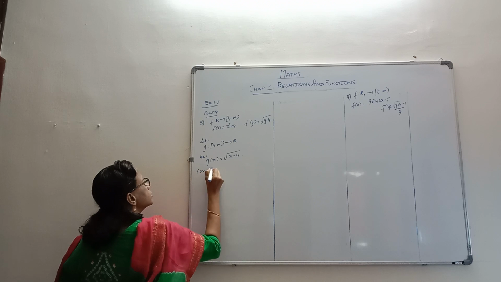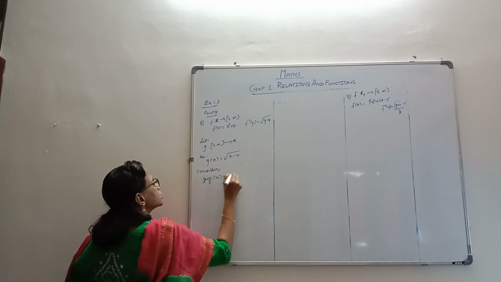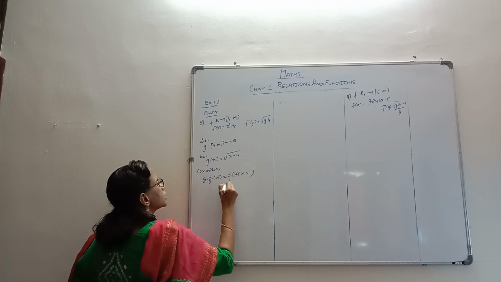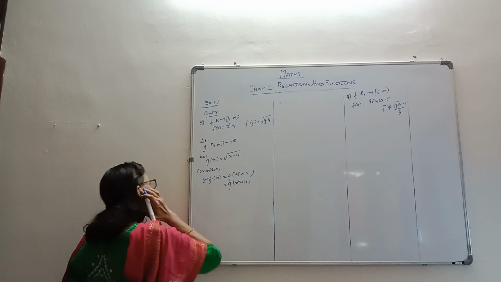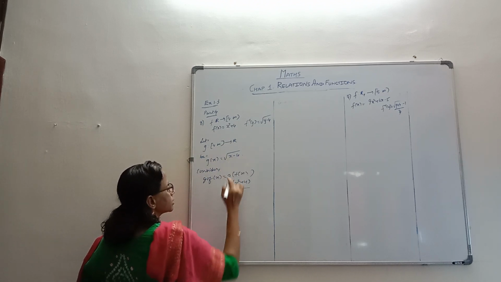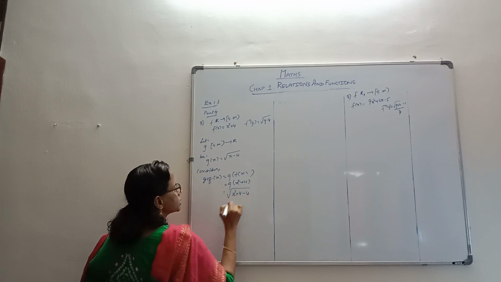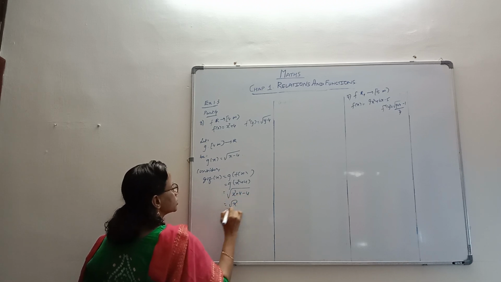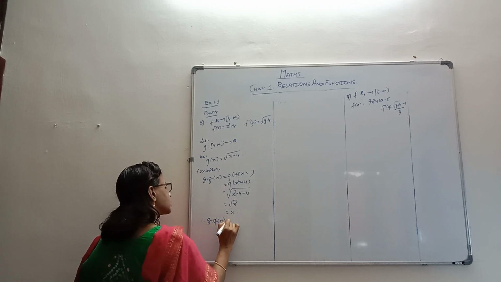Then you can consider g of f at x. So that is g of f of x, that is g of x squared plus 4, and g of any value is going to be root of that value minus 4. Obviously this will cancel. Root of x squared we know is x, so we've got g of f at x as x.